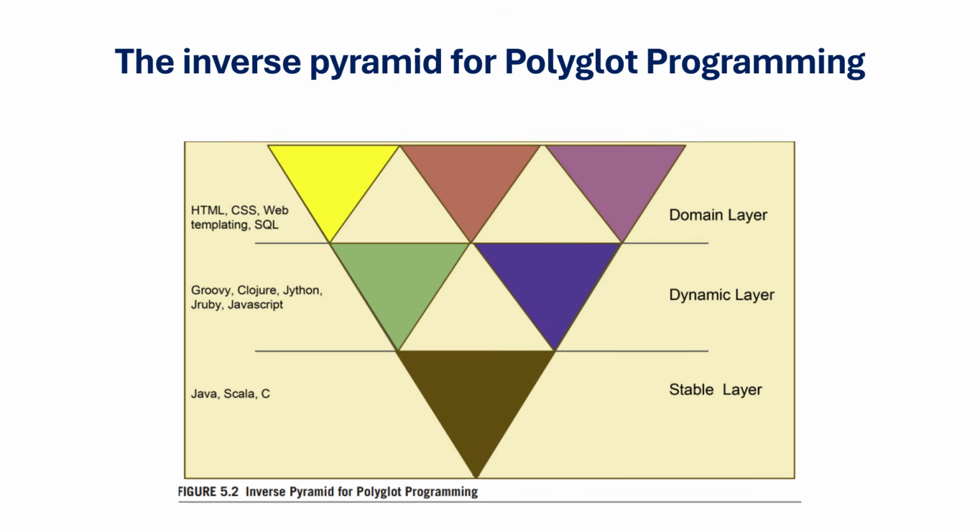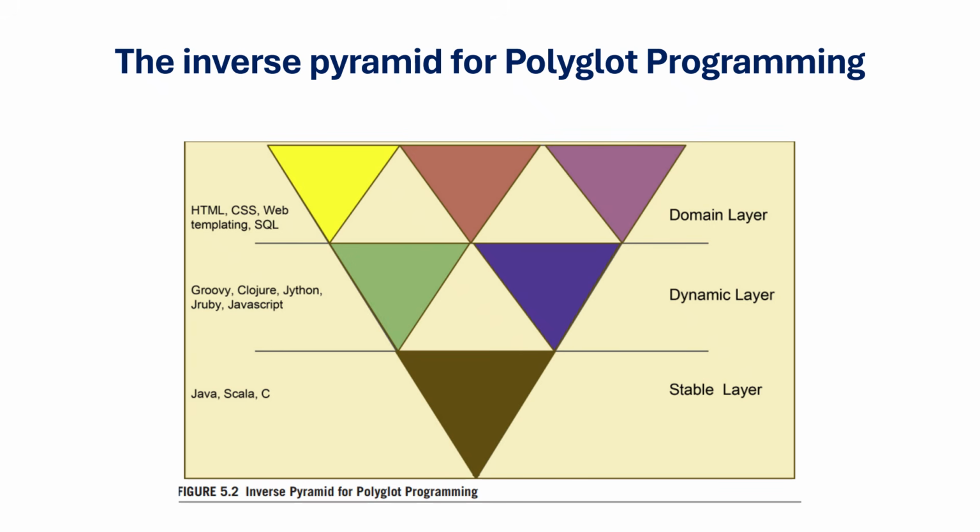That is, a huge number of programming languages are available for the outer layer. That layer is known as the domain layer or the application layer. As we know, HTML, CSS, web templating and SQL are suitable for the outer layer.